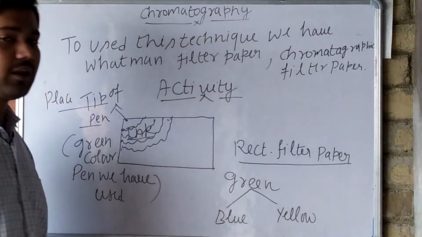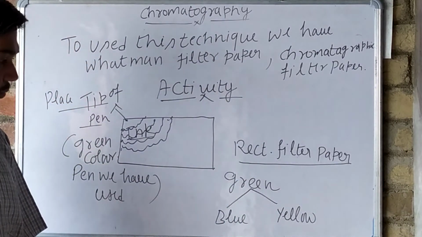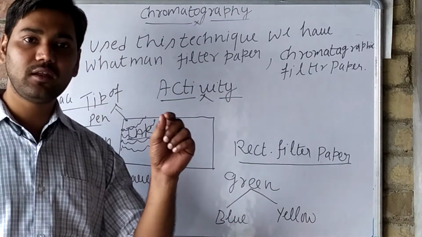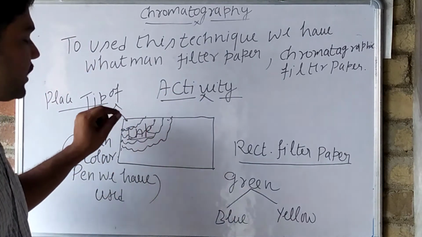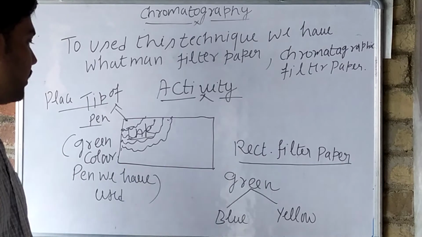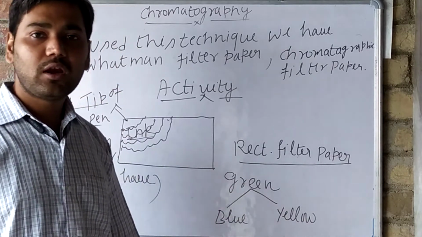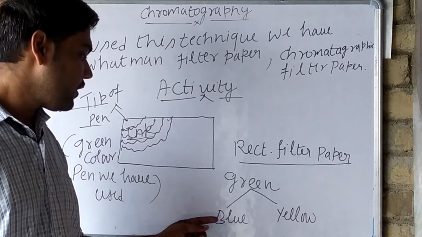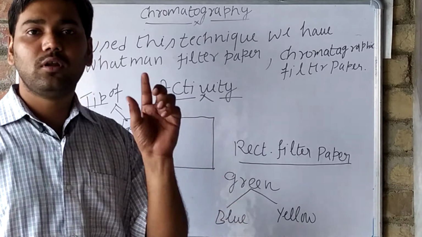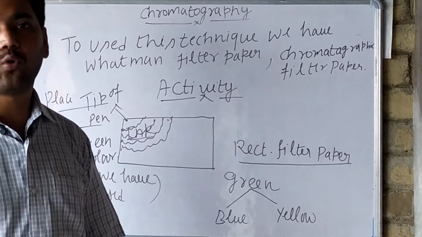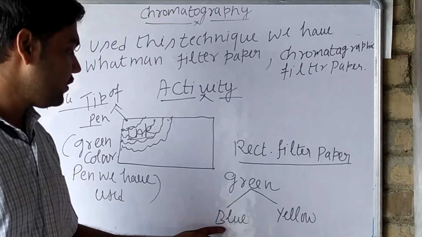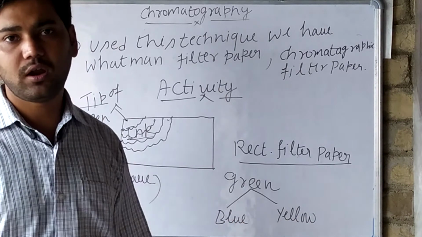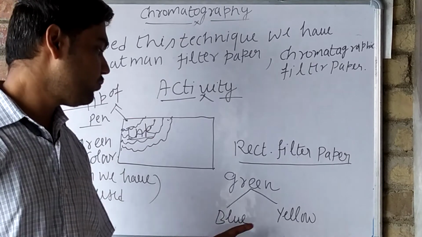A green color nib pen we have placed here. And on the liquid, that is on water, we are seeing that the green color is broken into two components, blue and yellow.